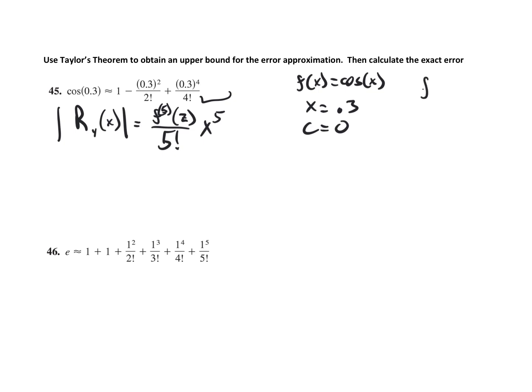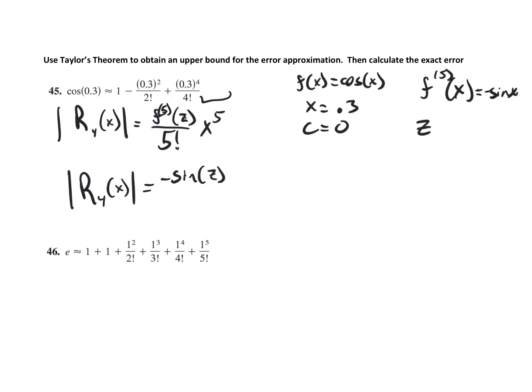And we can find our derivatives. If we start with cosine and work through our derivatives, our fifth derivative is going to be negative sine x. Okay, so what this means is that the remainder is equal to some value of negative sine of z, where z is somewhere between 0.3 and 0.